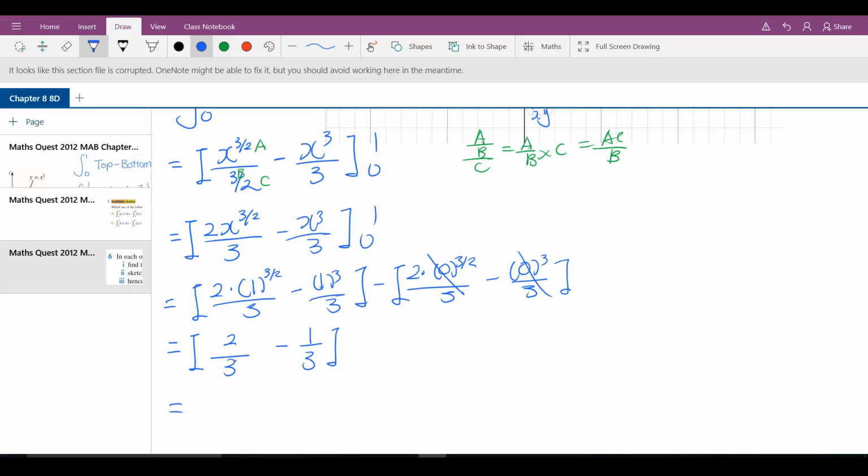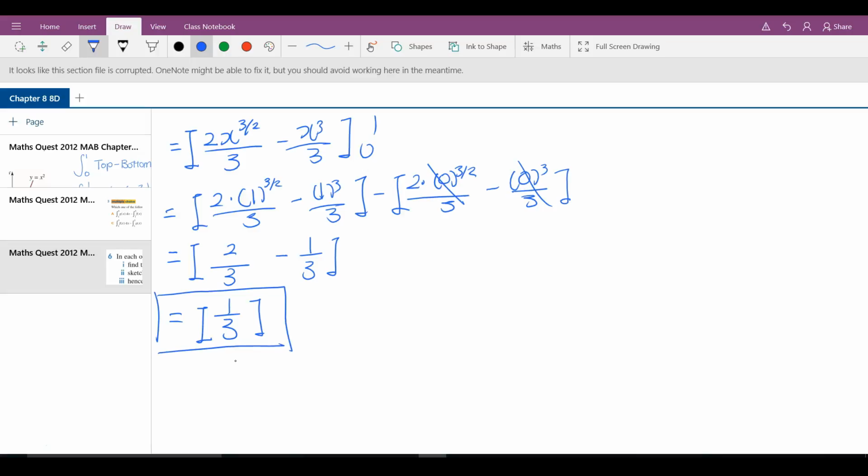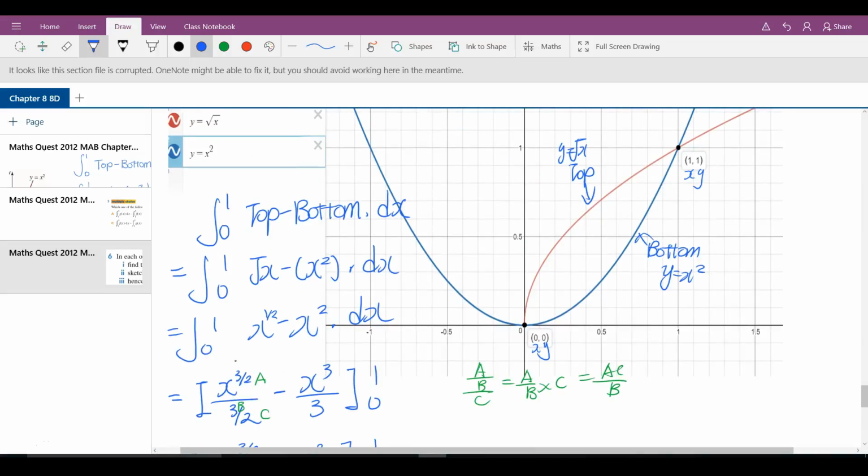So 2 over 3 minus 1 over 3. Let me pull my calculator out and work that out. It's just 1 over 3. So that is the answer again. Hey, it's 1 over 3 again. Surprisingly. So this bit, this area.